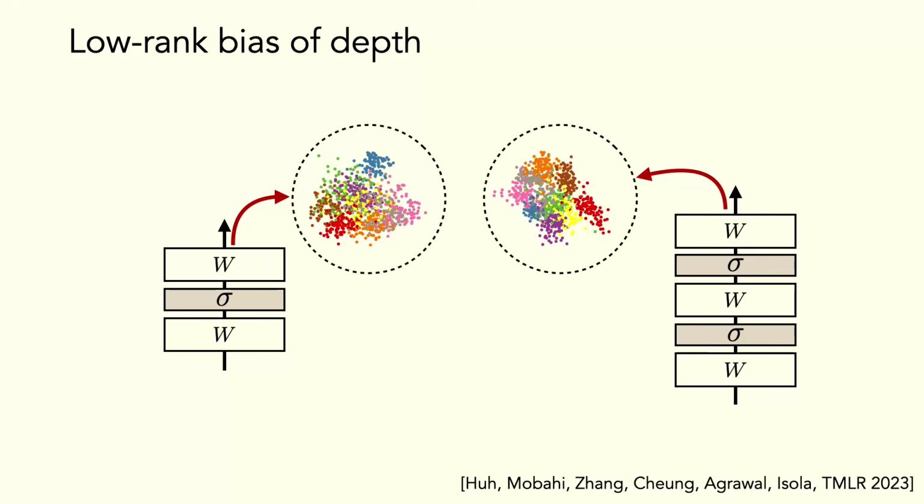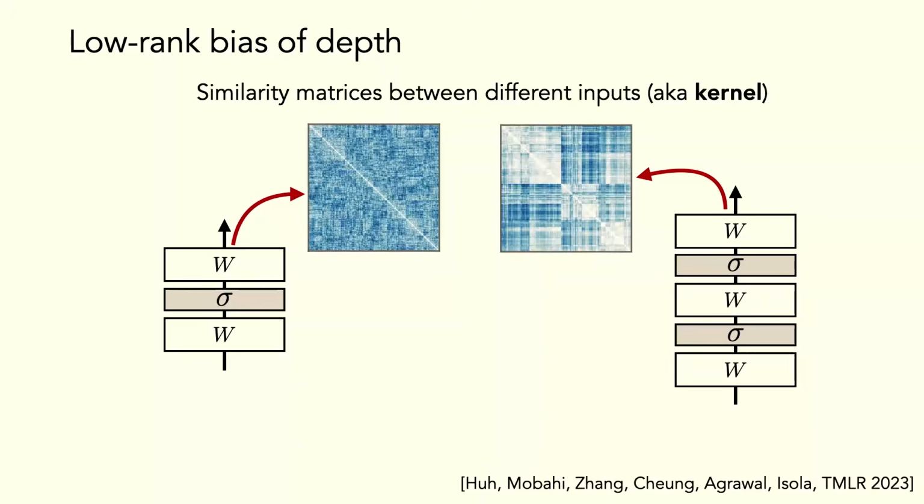Now, I'm going to characterize that distribution at the top of the network with a kernel matrix, which is going to be the similarity between every data point and every other data point. So this creates a matrix, a bivariate function, and it's called the kernel of the embeddings that the neural network arrives at.